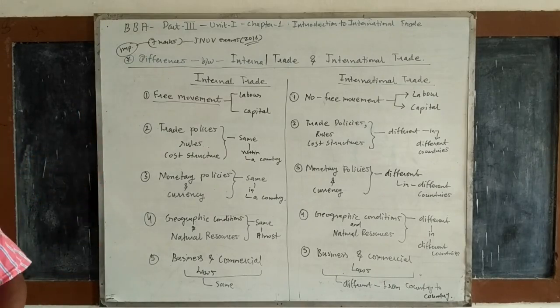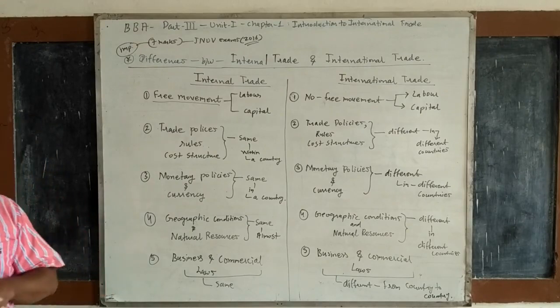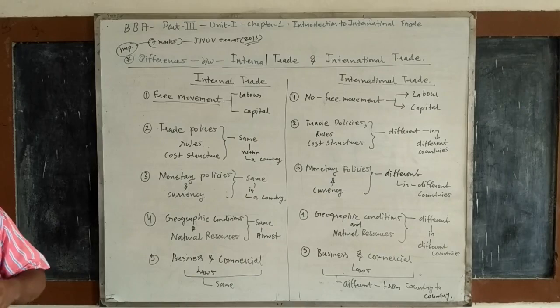While in international trade, we know that there is no free movement of labor and capital. If I want to go to America and directly do business there, I have to take a lot of permission from the government, visa, and all of those things.